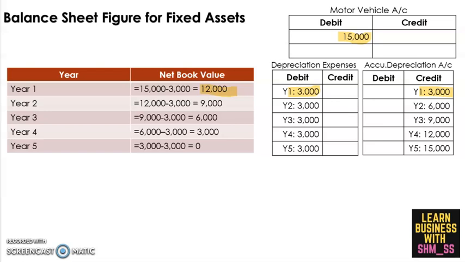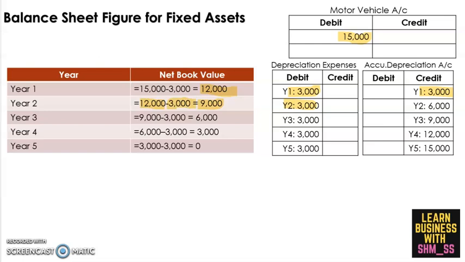At the second year end, we take last year's closing balance as this year's opening balance, 12,000 minus 3,000, and we get 9,000.